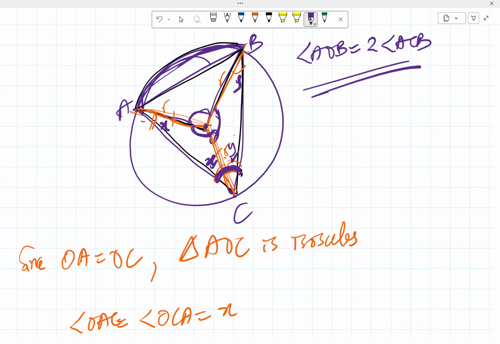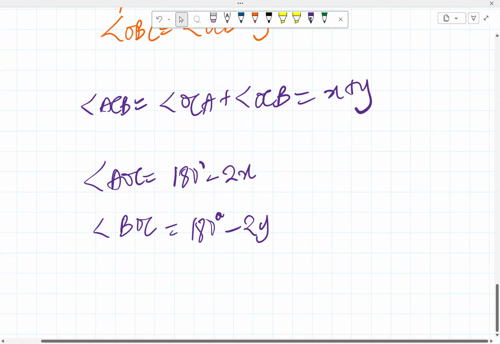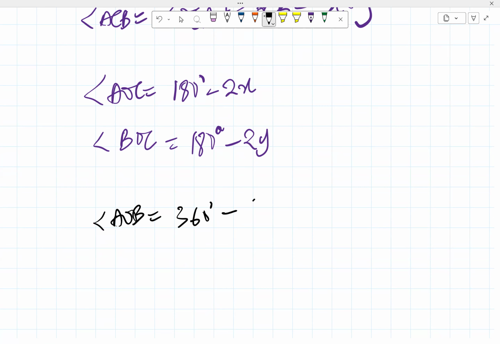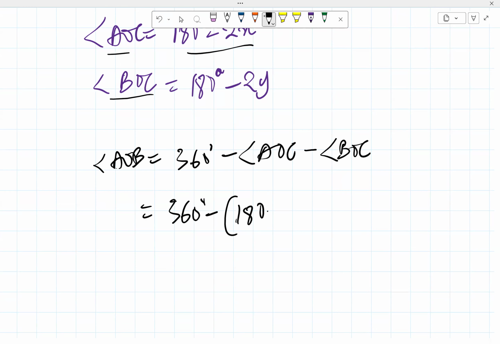So in that case now, angle AOB is equal to 360 degrees minus angle AOC, minus angle BOC also. So we simply have 360 degrees minus (180 minus 2x), then minus (180 minus 2y).